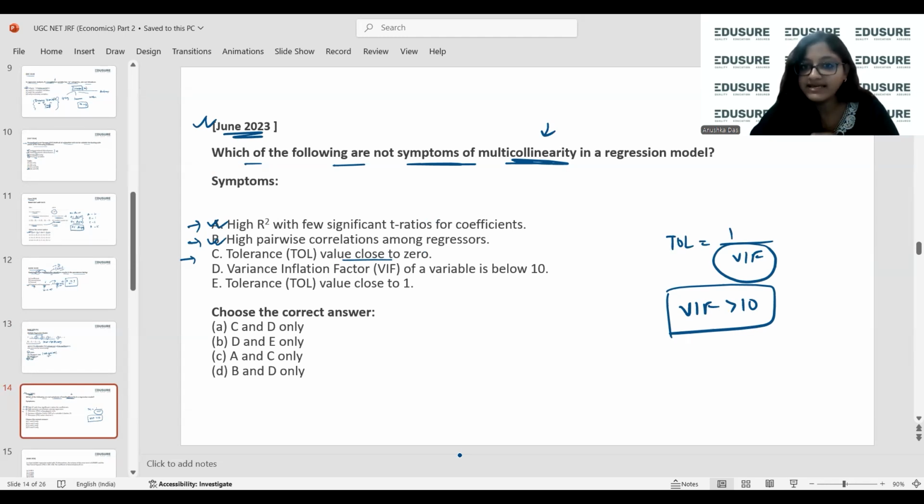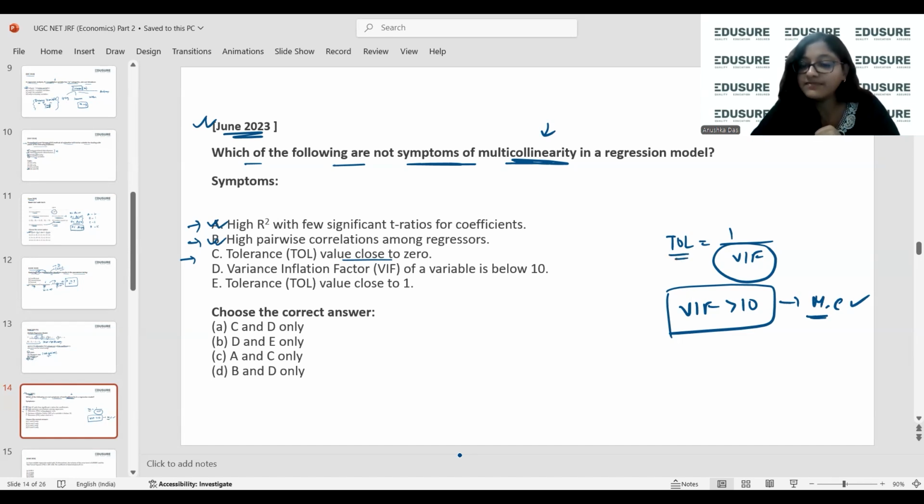If multicollinearity is present, your variance will always be inflated. You will get higher variance than usual. The estimators are efficient, but the variance values will be exceedingly high. So if the variance inflation factor is strictly greater than 10, you will say that yes, multicollinearity is present in my model. The more the variance inflation factor, the stronger the strength of the multicollinearity.